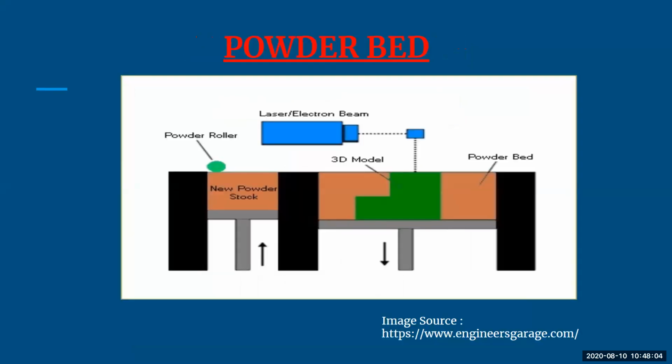Next is your powder bed. Laser sintering and powder bed are more or less the same. The only difference is that in laser sintering you have a structure like a glue, but here you have a structure that is like a printing head. Again, the materials will be of type powder only, but you can have different colors in it.